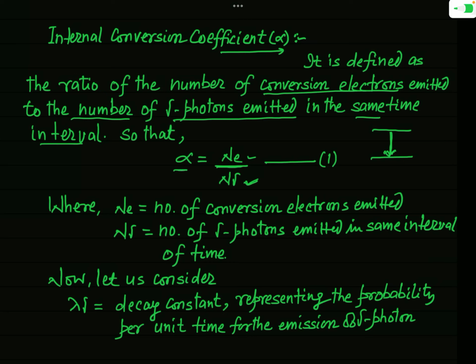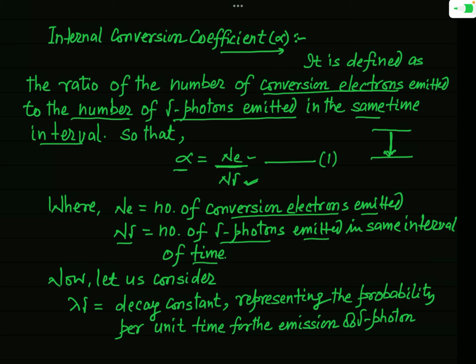So alpha is defined as Ne over N gamma, where Ne is the number of conversion electrons emitted, and N gamma is the number of gamma photons emitted in the same time interval. This is the basic definition of the internal conversion coefficient alpha.